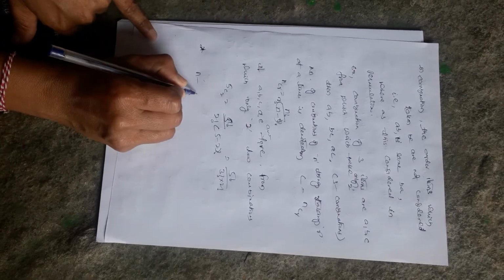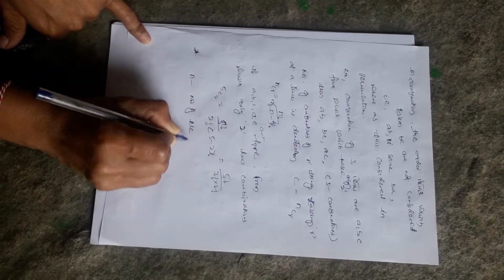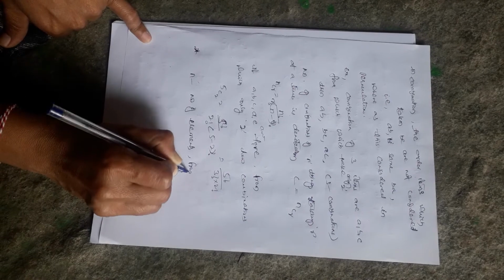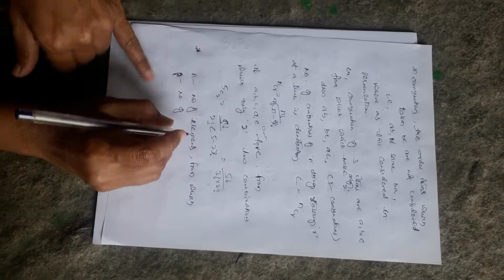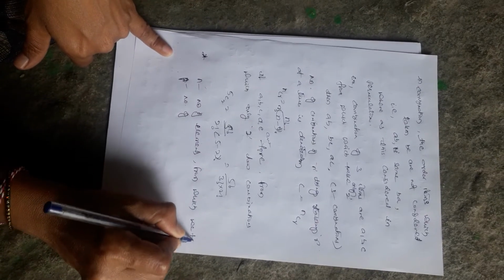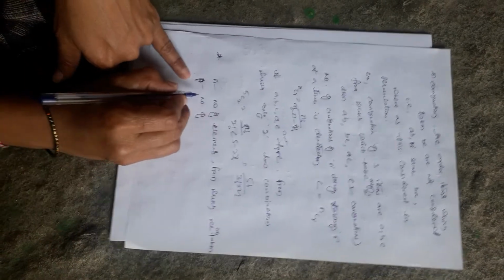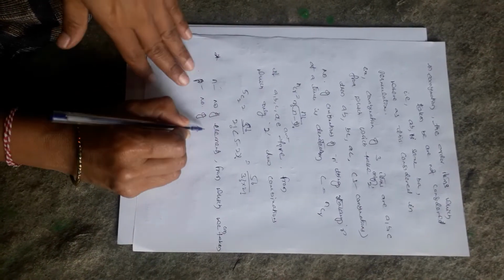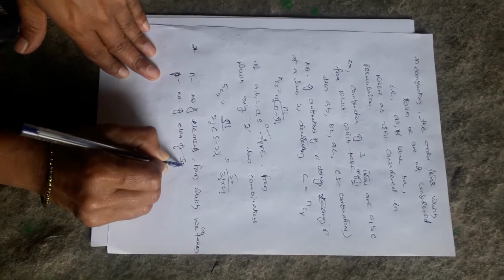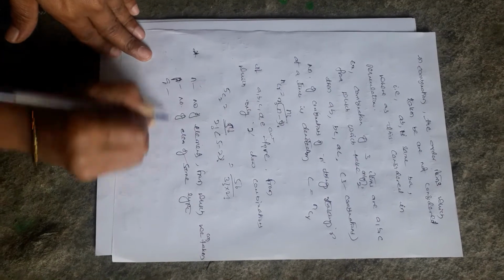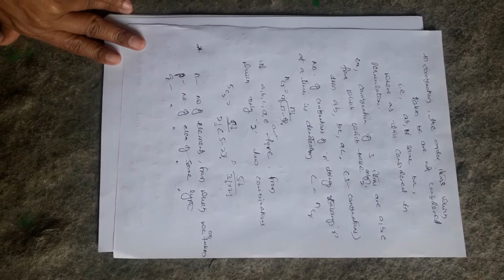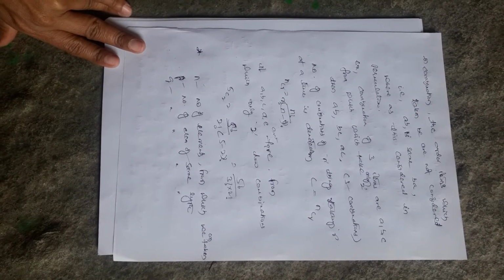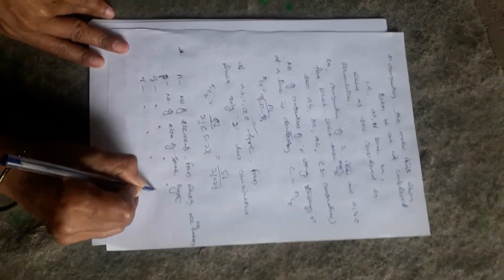Here n is the number of elements, p is the number of elements of the same type, and q is the number of elements of another type. Suppose r is another kind, that means three different kinds of elements are taken from these n elements.